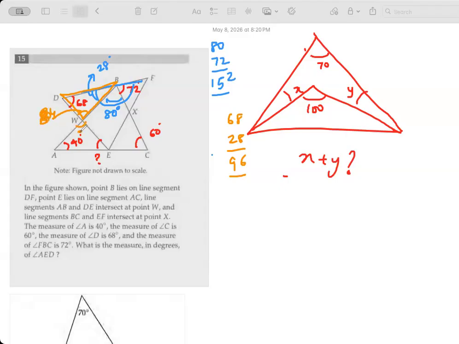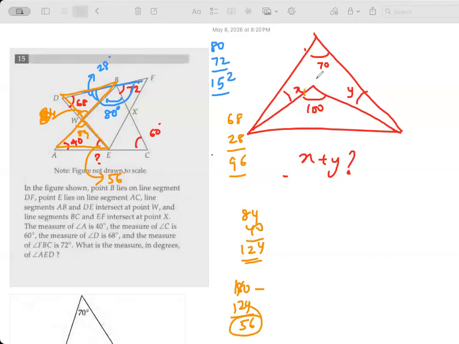So this is as well an 84, but this is again a triangle. 84 plus 40 is 124. If you subtract from 180, what remains is 56. So that is 56. Any questions? This is angle chasing, guys. Can I move on? For the second one, it's quite easy.